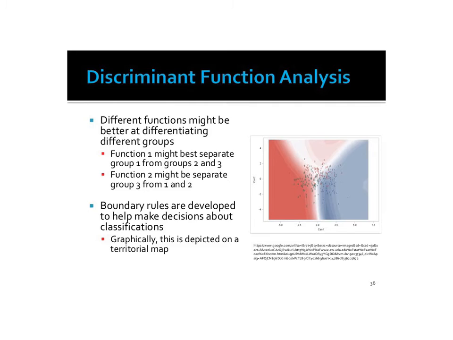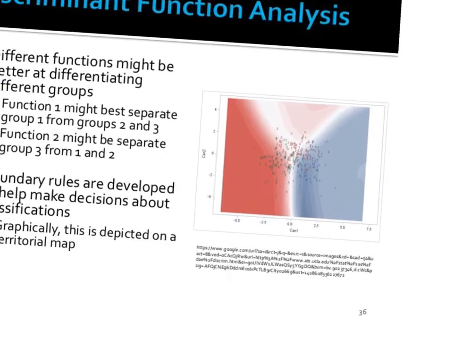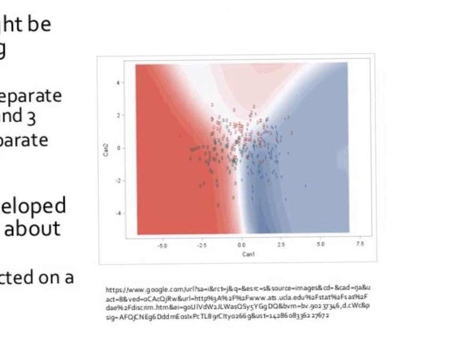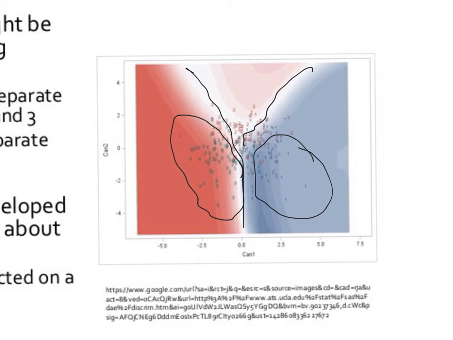Boundary rules are developed to help make decisions about classifications. Graphically, this is depicted by this territorial map that you see here on the right. I'm going to expand this territorial map. And what you're seeing here is the development of boundaries based on these scores, where we can see a lot of 1s over here, we can see a lot of 3s over here.